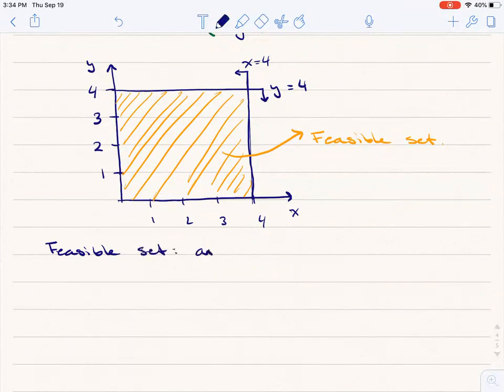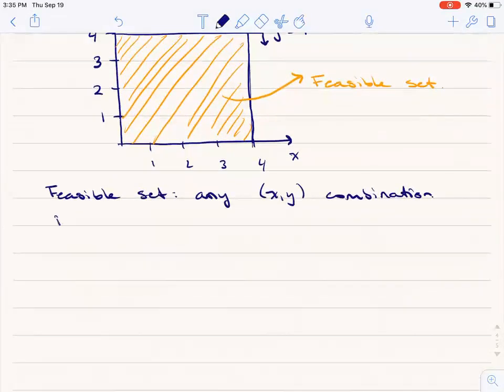Okay, so the feasible set just says any XY combination in the feasible set satisfies the restrictions.